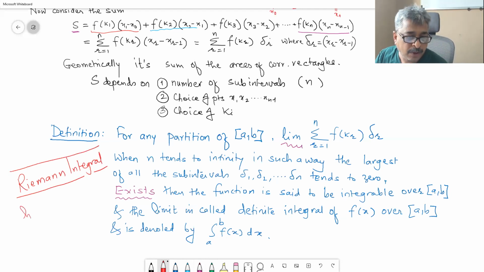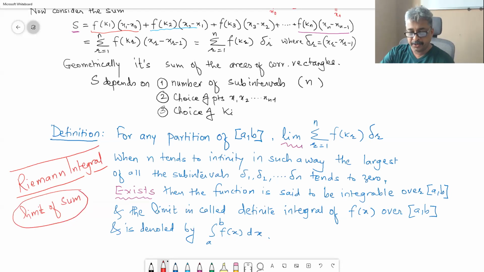So this is the limit of a sum. Limit of sum is a very important phrase here. You are taking the sum and then taking the limit. We have discussed this earlier, but this is the first time that we are giving a formal definition of it.